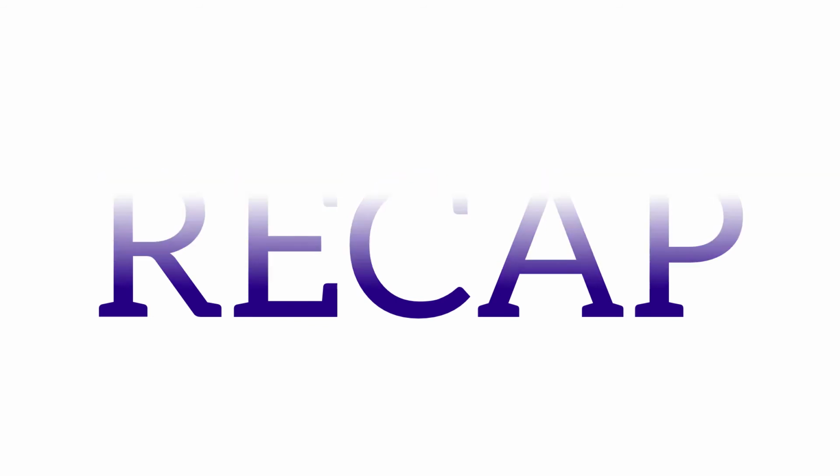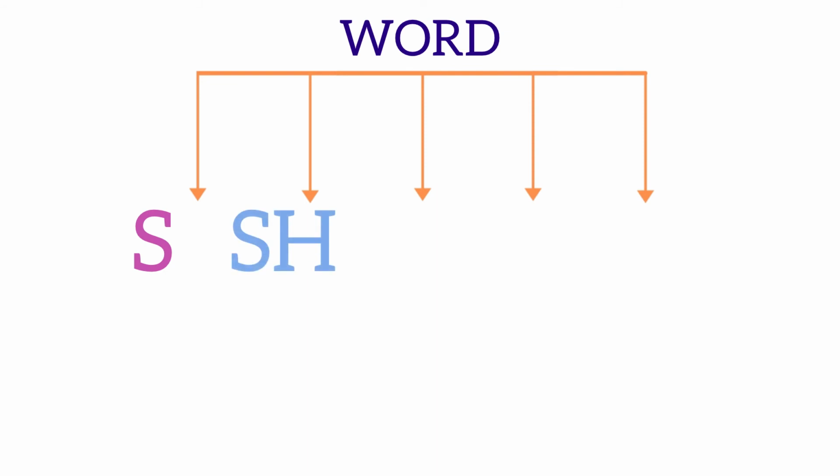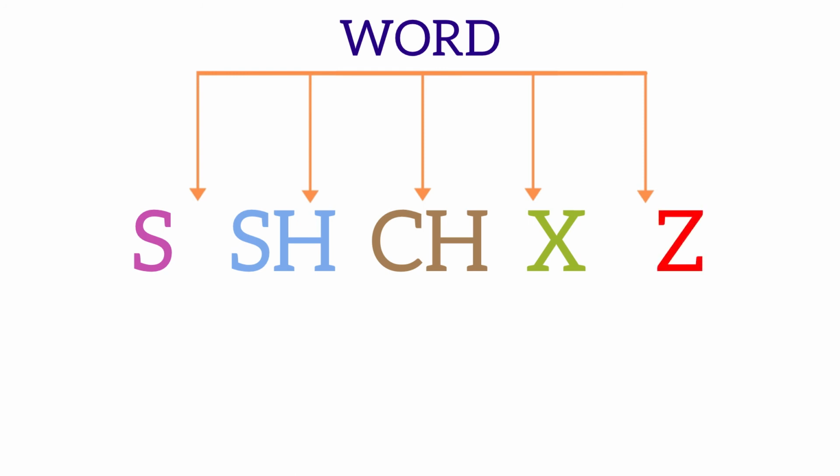Okay, great. Now let's recap on the main points of singular and plurals. In general, the plural of a word is formed by adding s. When a word ends in s, sh, ch, x, or z, we add es.